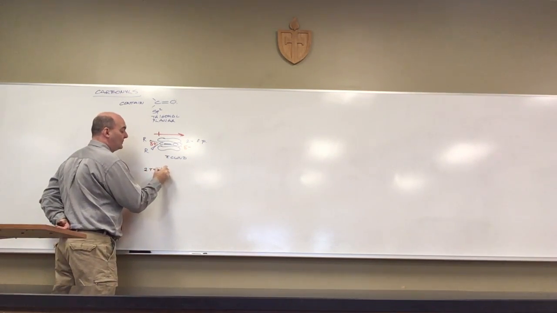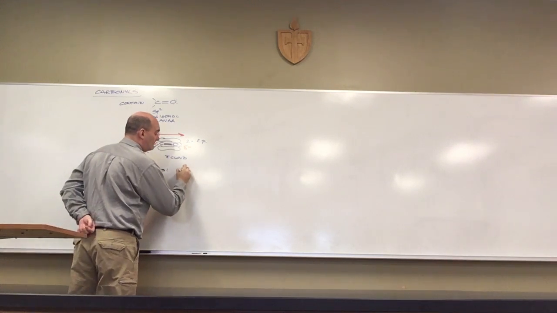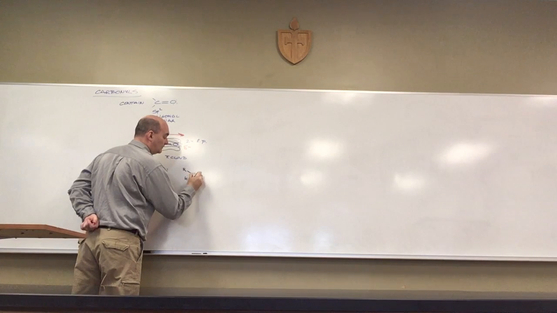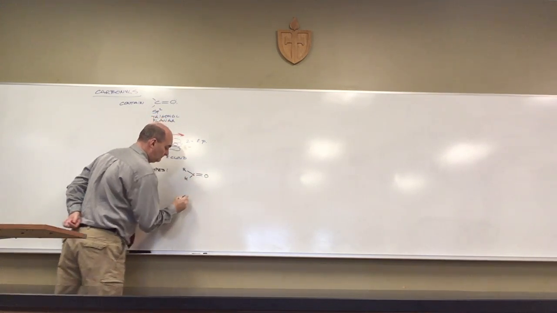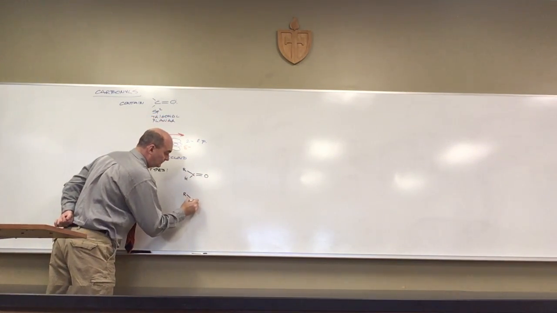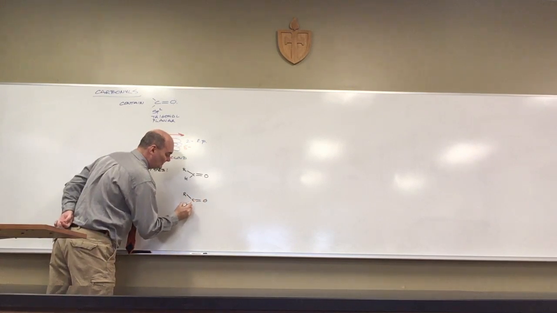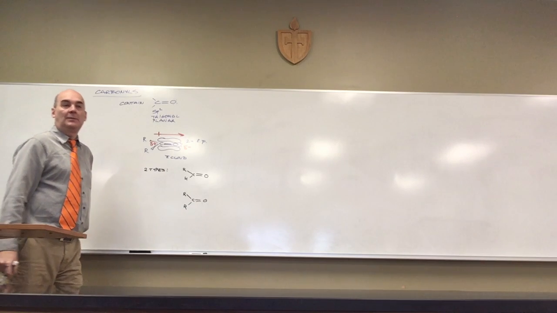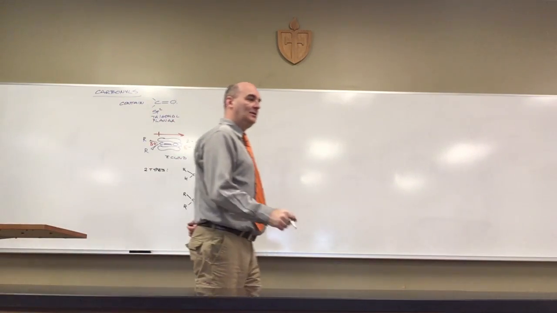So I have two types. This and that. They're both sp2, they're both trigonal planar.